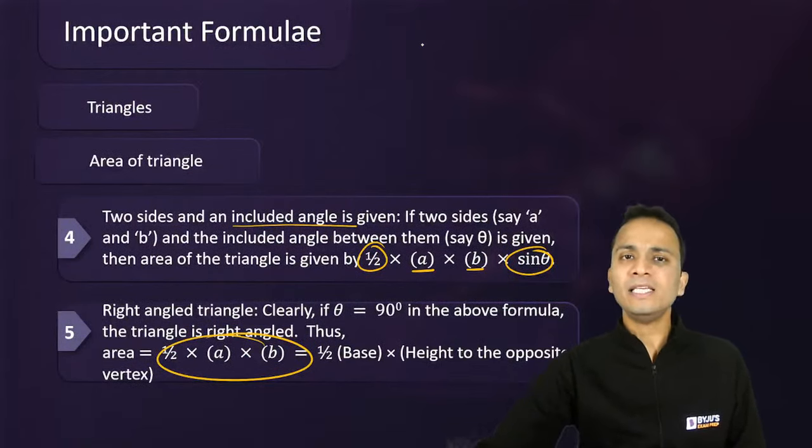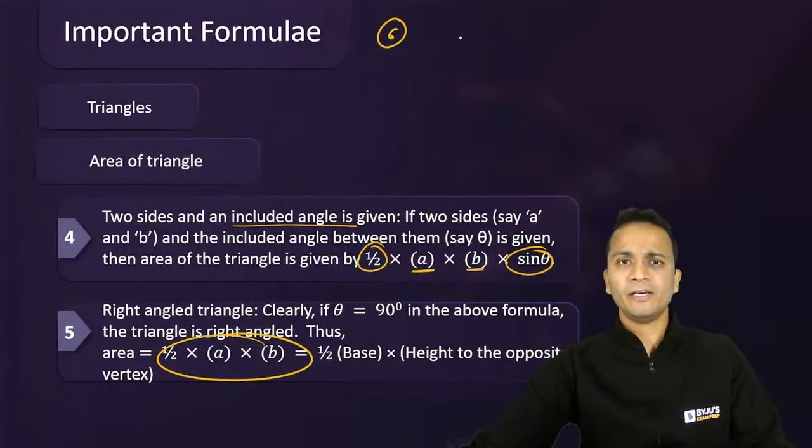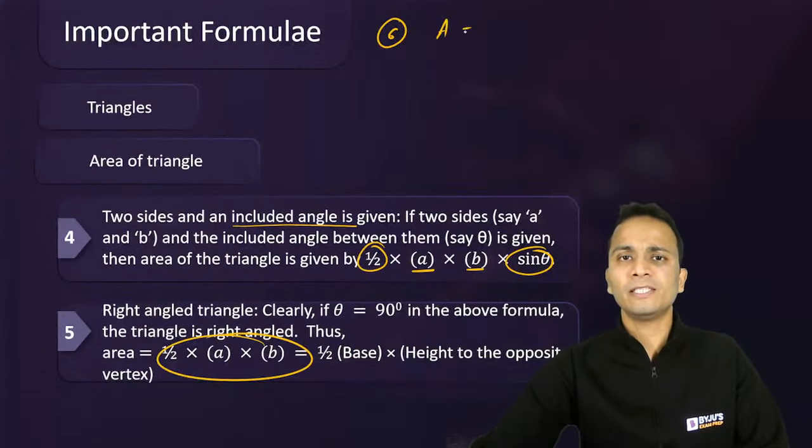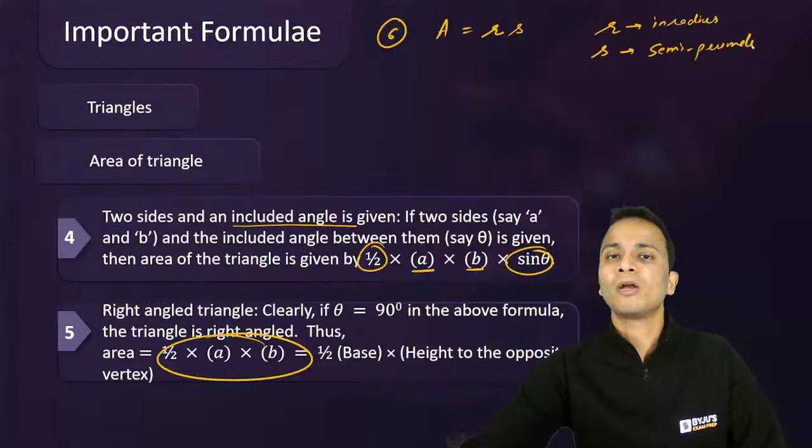Now, other than these formulas, there are two other formulas. Formula number 6, I'm writing here: area of the triangle is equal to r times s, where small r is the inradius and small s is the semi-perimeter. We have already seen this.